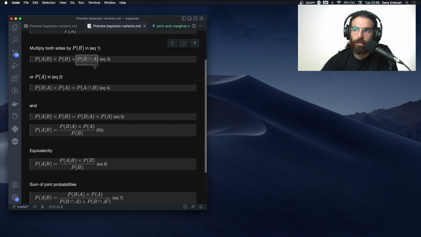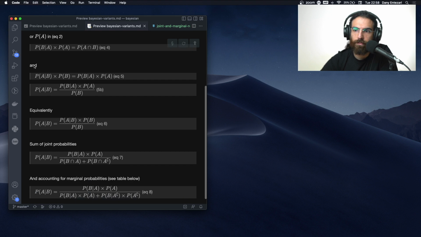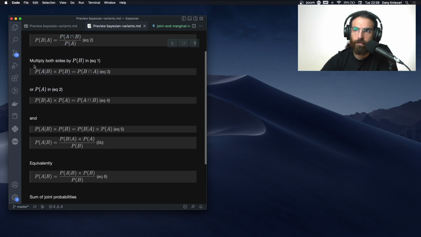We said that the probability of B and A is equal to this expression. But we also said that this expression is equal to that expression.